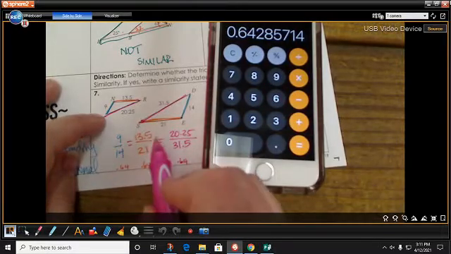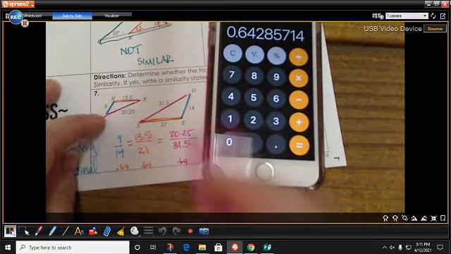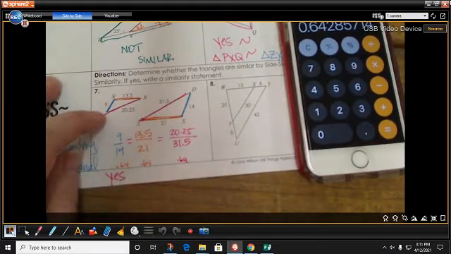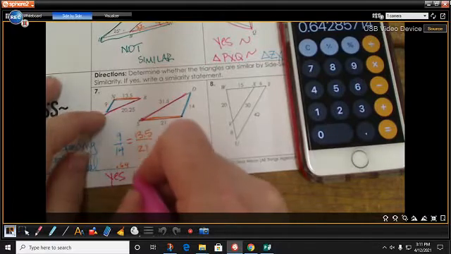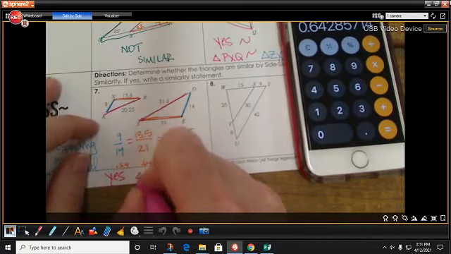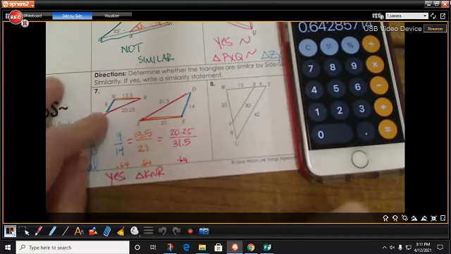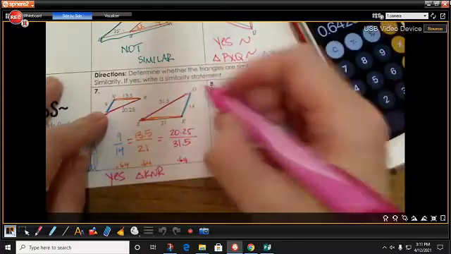So since I have three sets of sides all being proportional, I can say yes, these are similar triangles. And so let's write the similarity statement. I'm going to go with this first triangle on the left being KNR. So if I do K first, it's between the blue and pink.